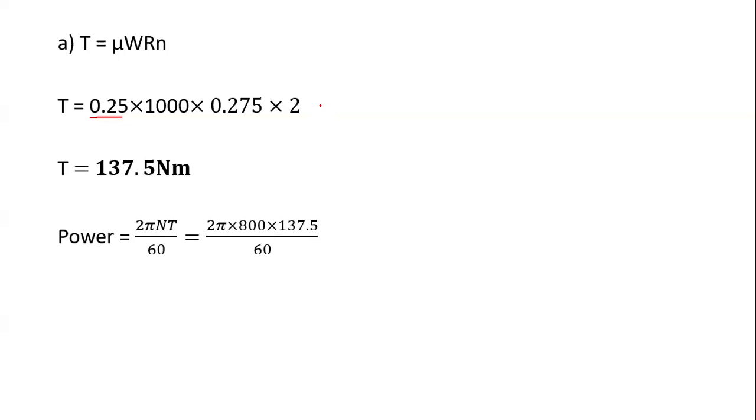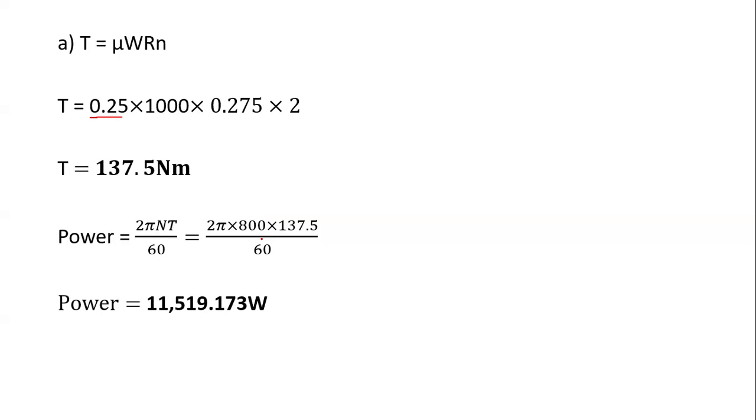Next, we also have the power. The power is 2 pi n T over 60. The n is 800 revolutions per minute, and the torque is what we just found, 137.5. Then divide all of that by 60. What we get is a power of 11,519.173.